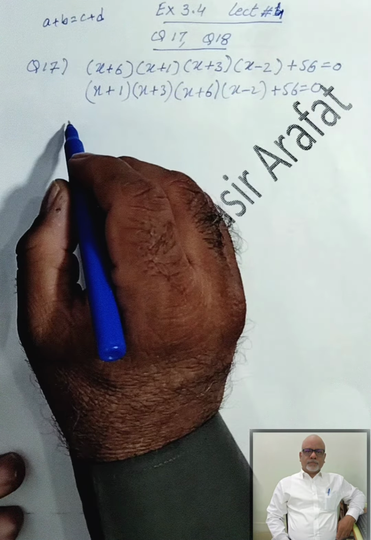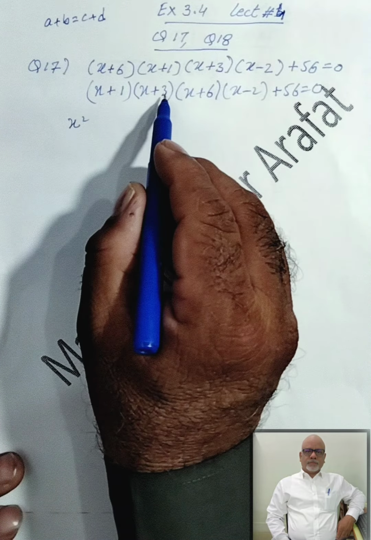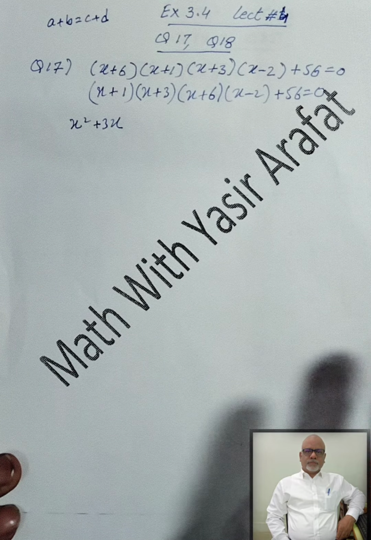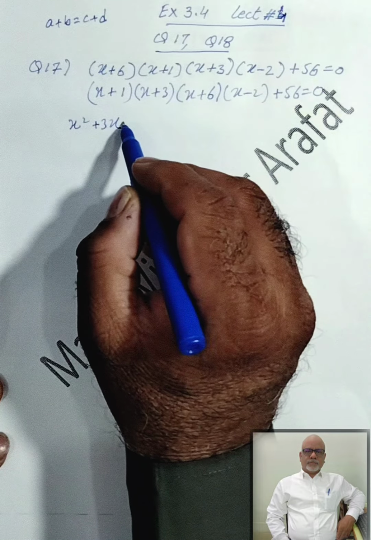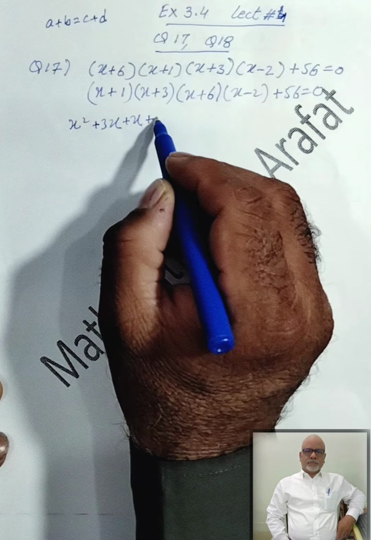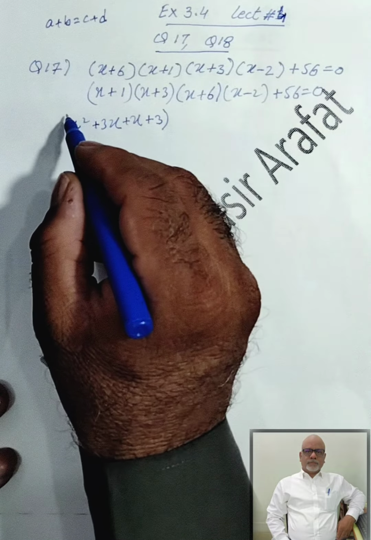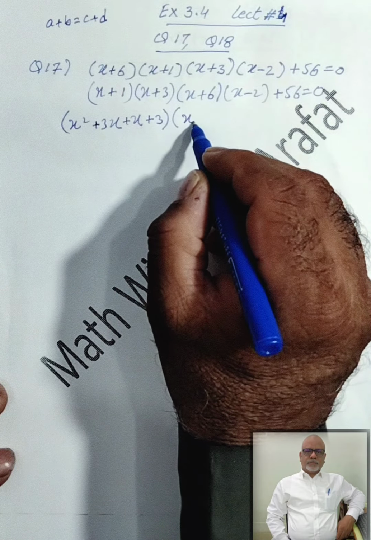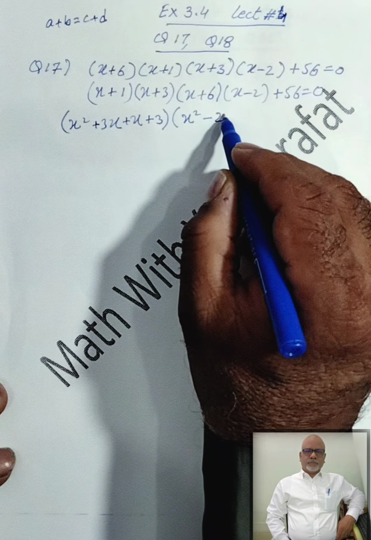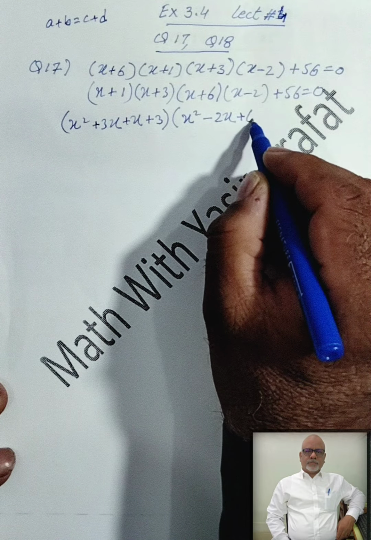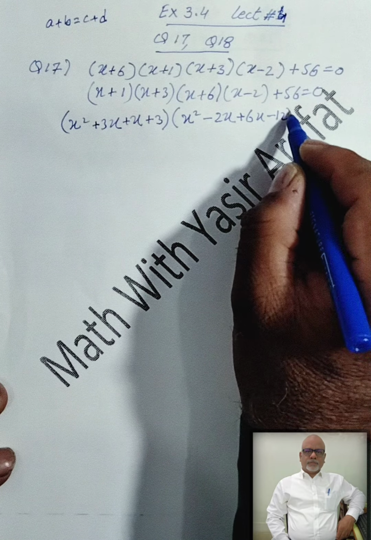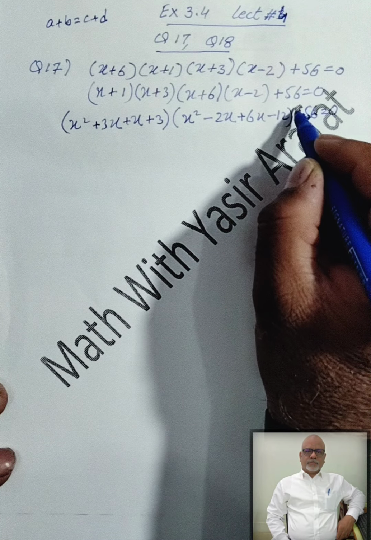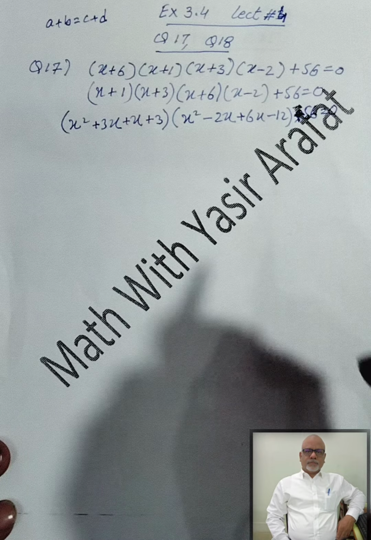So x multiplied by x is x square. Then x multiplied by 3 is 3x. Ordinary multiplication we are going to perform here. And 1 multiplied by x is x, and 3 ones are 3. Again we have to multiply these two brackets. x multiplied by x is x square. x multiplied by 2 is minus 2x. 6x, and 6 times minus 2 is minus 12, plus 56 equal to 0.